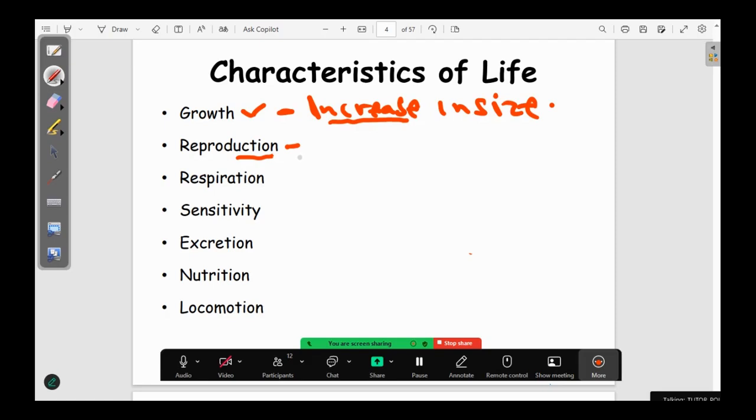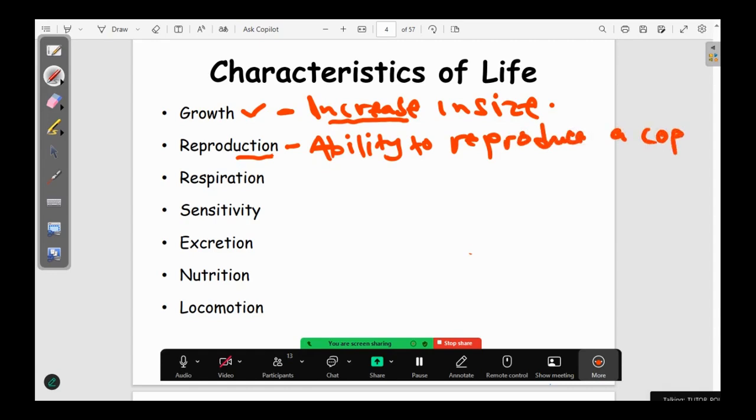All right, so we now look at respiration. So this here is just the ability to reproduce a copy, to produce a copy of an organism's what? Likeness.